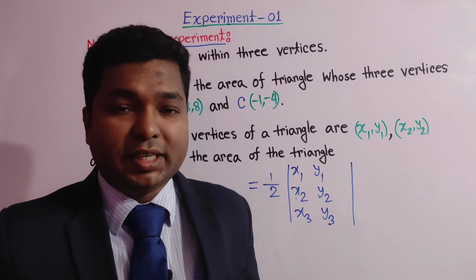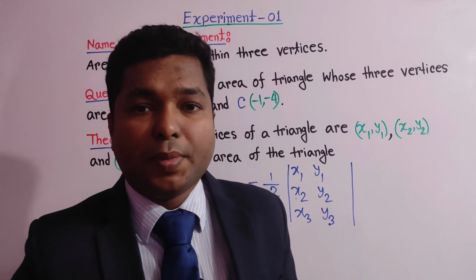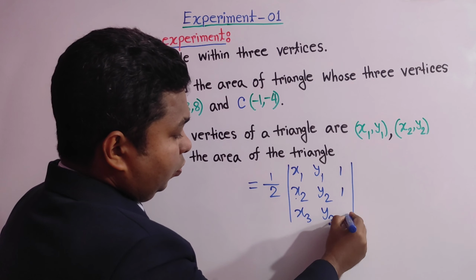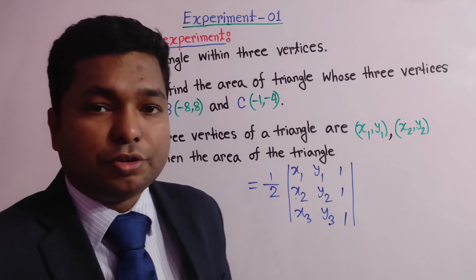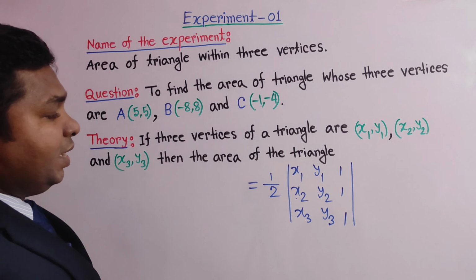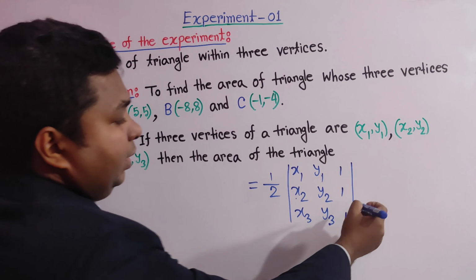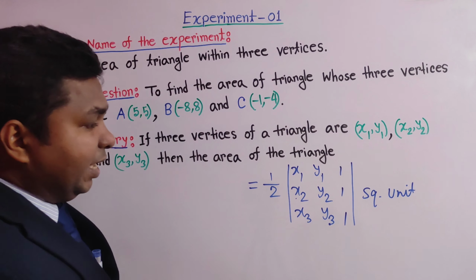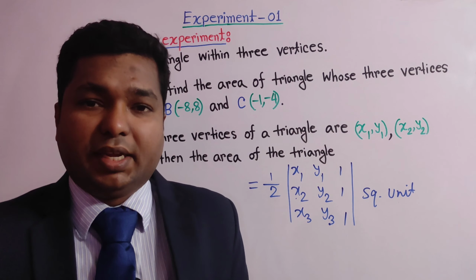Now we all know that determinants are always square in shape. So to form a square format, we have to write 1, 1, 1, since 1 is the identity of multiplication. So the area of the triangle is half into the determinant of this square unit. By using this formula, we have to find the area of the given triangle.